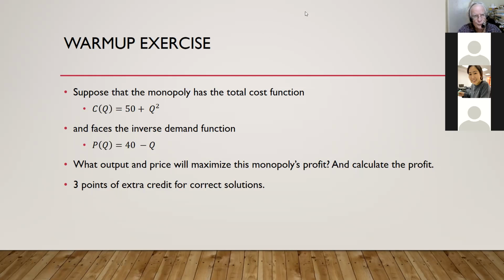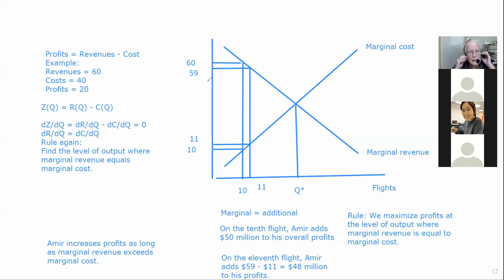Okay, let's see how you did with the problem. Professor, quantity is 10. Say again? Quantity is 10, isn't it? Well, let's see. That sounds reasonable to me, but let's put it on the whiteboard and see.